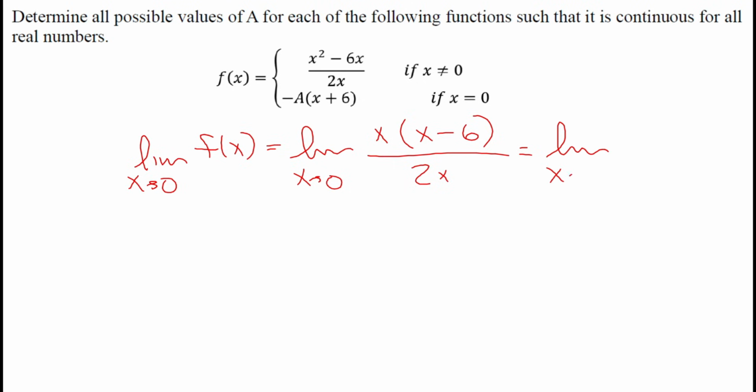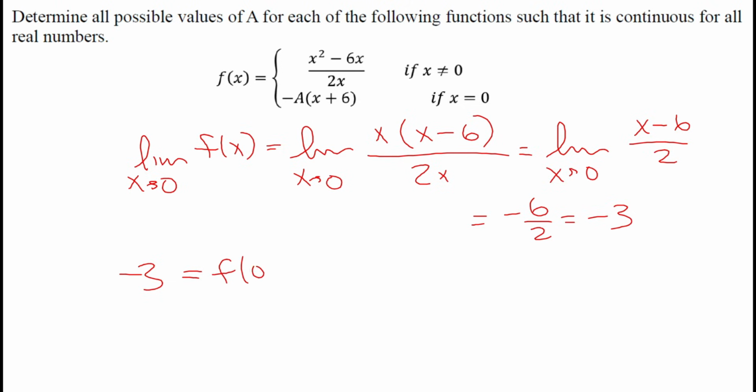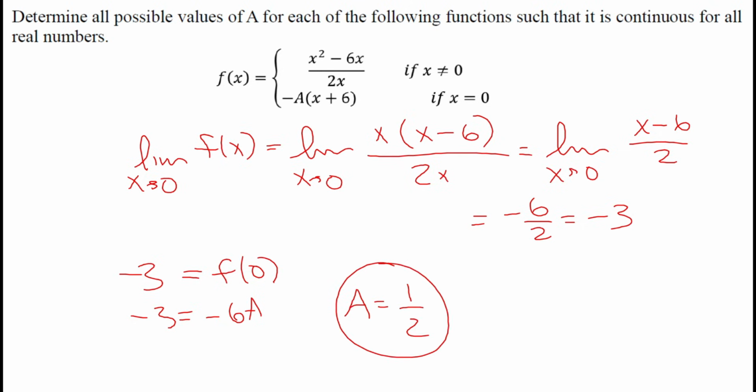Cancel out the x's, giving us x minus 6 over 2, and then evaluate that at 0, which gives us negative 6 over 2, or negative 3. We'll just set negative 3 equal to f of 0, right? So negative 3 is equal to negative 6a. And if we divide by negative 6, we get a equals positive 1/2.